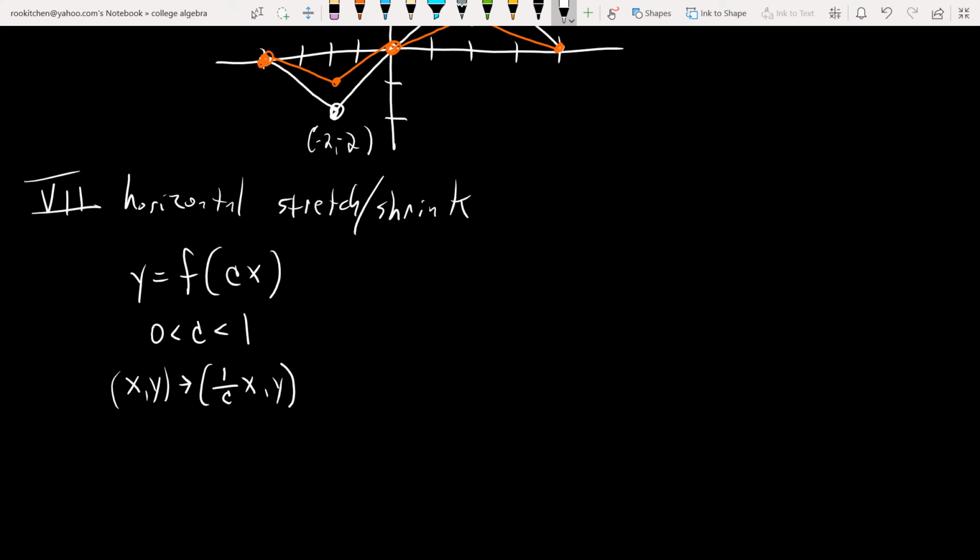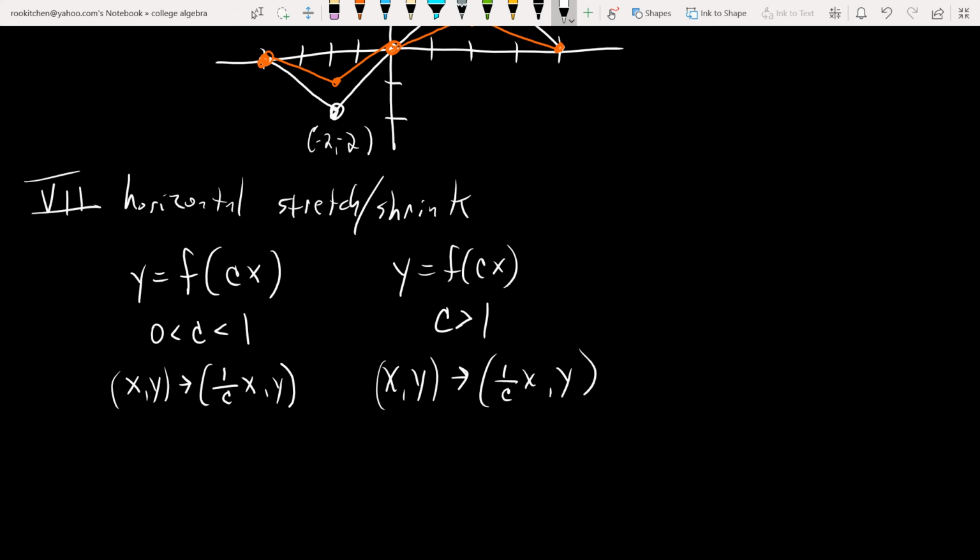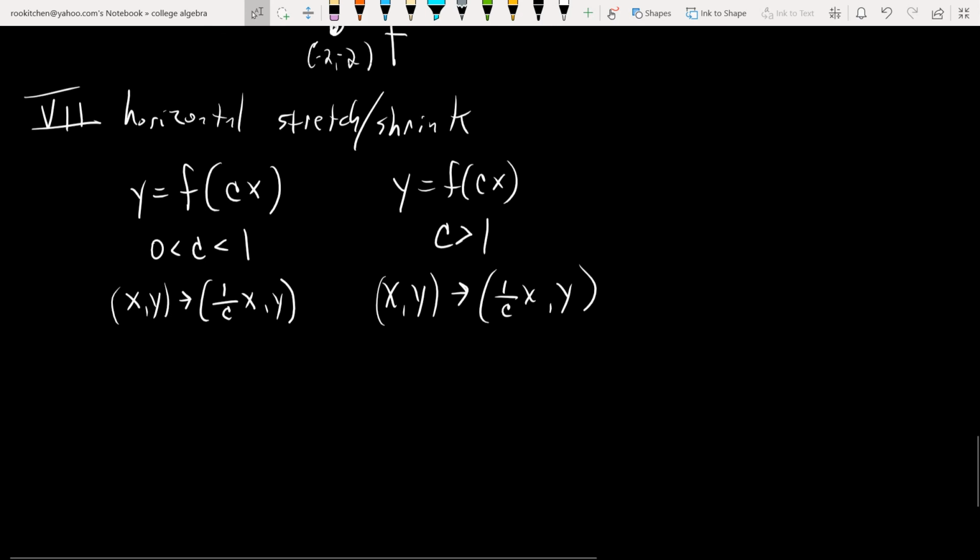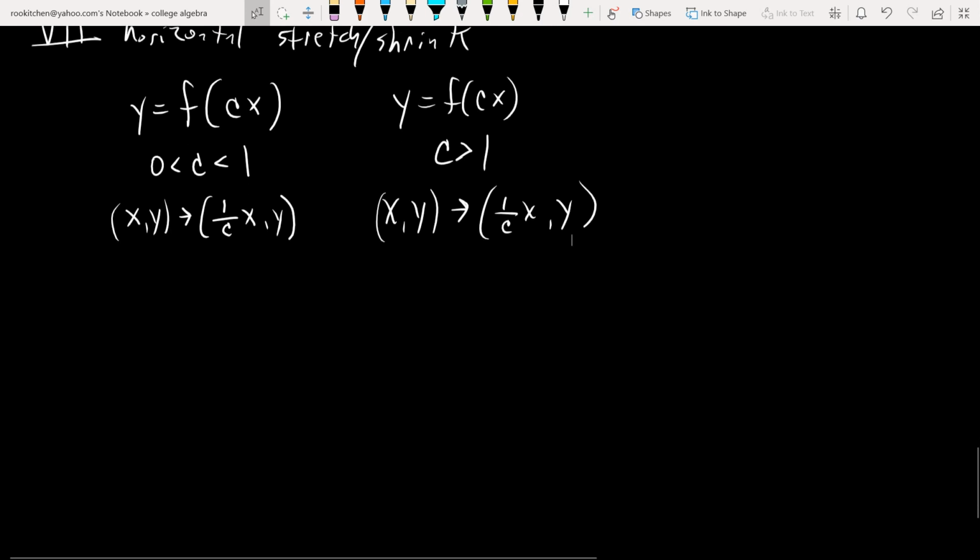And then if you have y equals f of cx, where c is now greater than 1, again, it'll change the point x y into 1 over c times x comma y. Okay. Let's try some of these, and we have a different example this time.